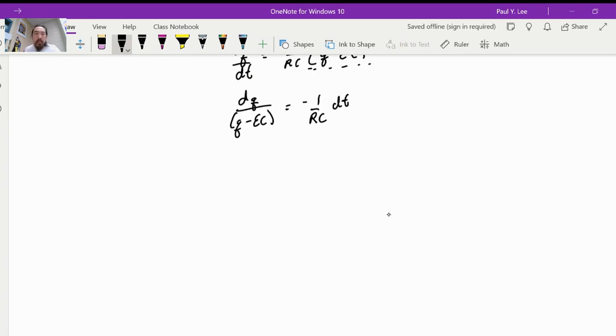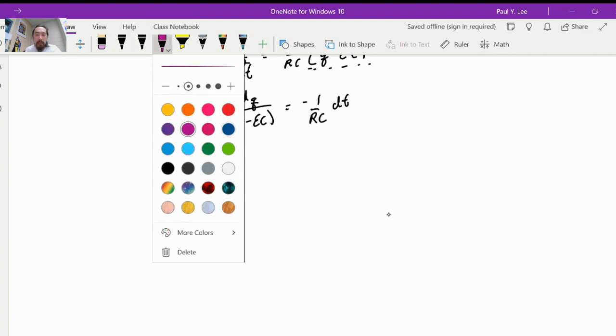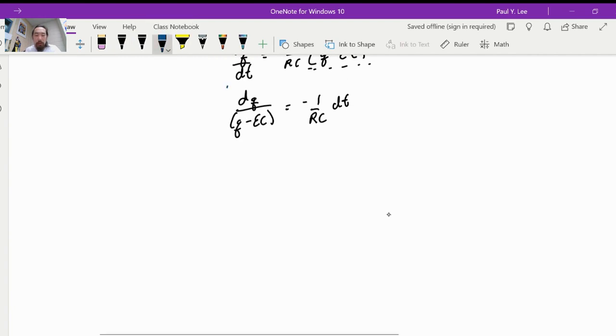For the next step, I'm going to integrate both sides. Let's do this in a beautiful blue so that you can see that I just skipped the step there. On the left, I'm going from no charge all the way up to a total charge, and the total charge for us will just be that capital Q. On the right, we're going from no time to whatever time it takes to maximally charge this up.